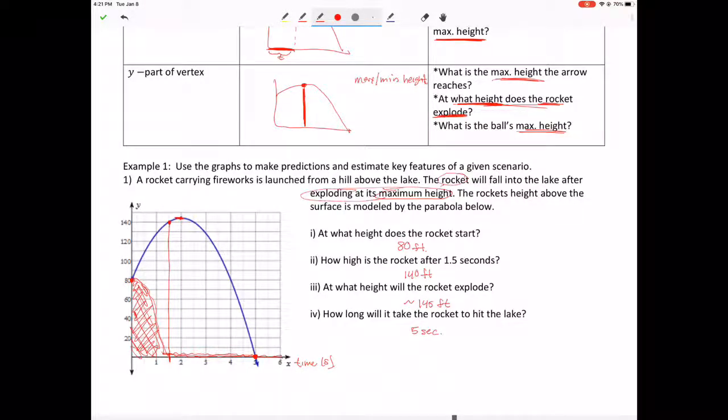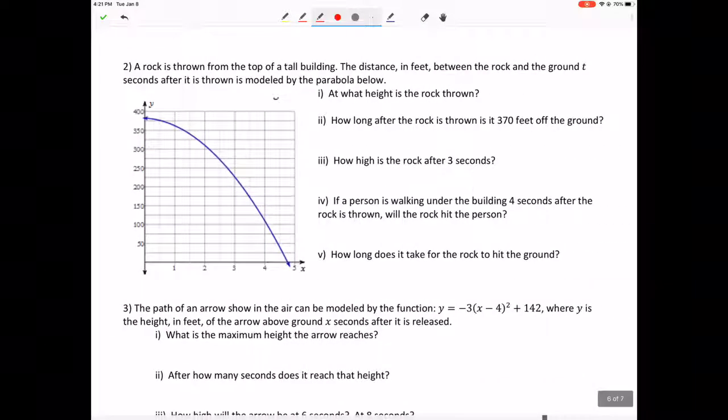So this is time, this is height. Where it lands, this isn't showing where it lands. This is just showing at what time it hits the ground. Okay?